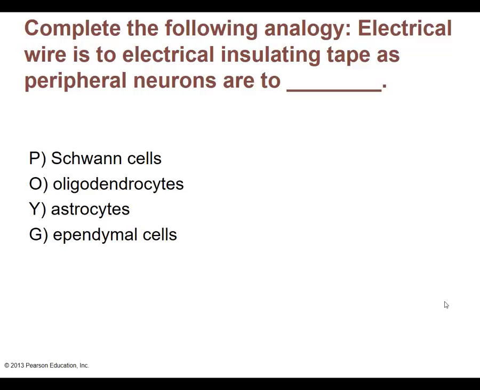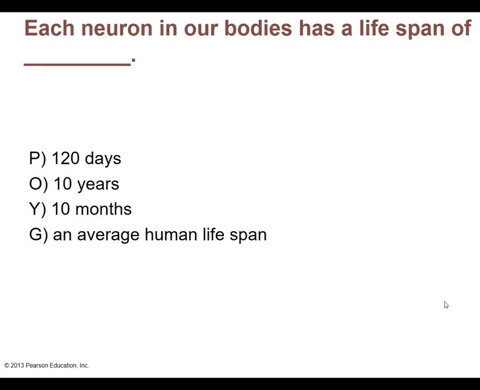And it's the Schwann cells, because we find Schwann cells wrapping the peripheral neurons, just like electrical insulating tape wraps electrical wires. And again, it keeps that good electrical conduction going. Each neuron in our body has a lifespan of approximately how long? It's an average human lifespan, however long that may be.